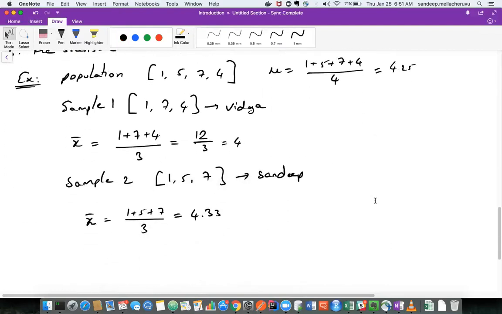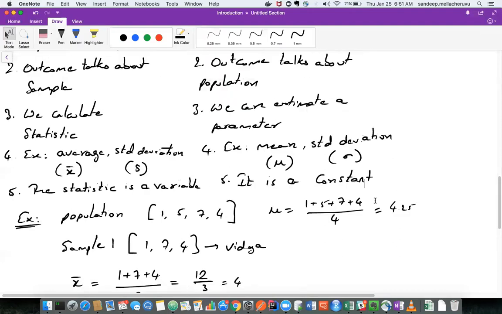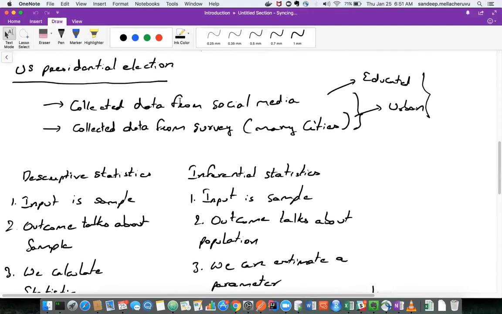You keep on collecting different samples. Each sample will have a different X bar, which is my statistic. Statistic is nothing but whatever you compute on your sample. Everyone might collect a different sample. Even in the presidential election, everyone is collecting a different sample. I collect from Facebook, some other person might collect from Twitter.